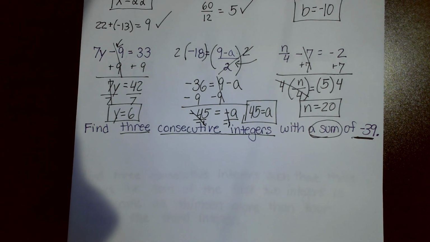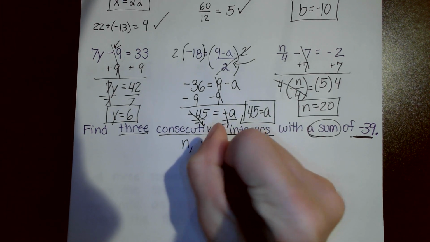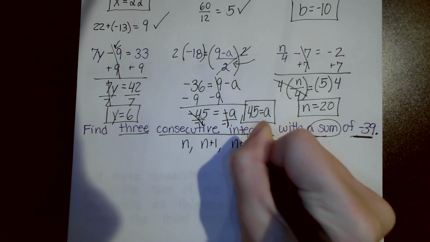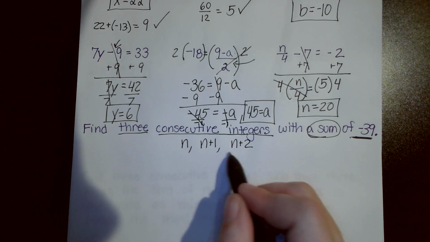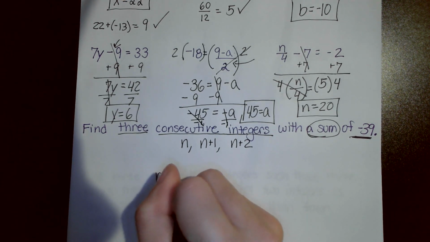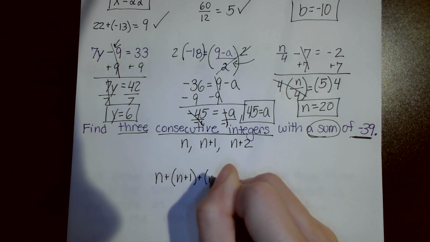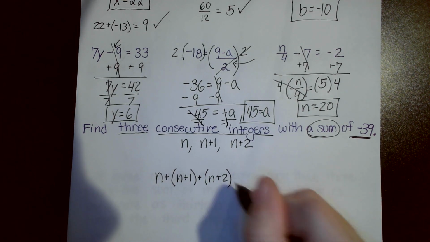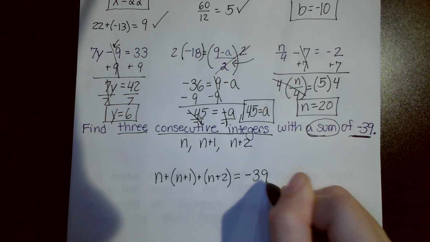Now it doesn't say consecutive even or odd, so I'm going to use n, n plus 1, and n plus 2 as my consecutive integers. So I need to make sure that these 3 add up to give me a sum of negative 39.